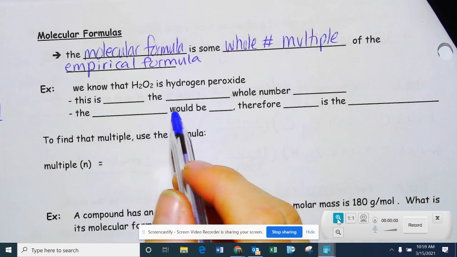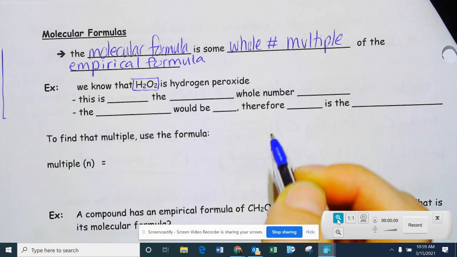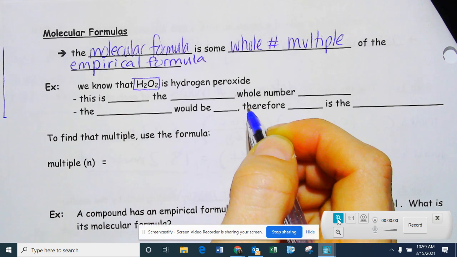So we know, for example, H2O2 is the hydrogen peroxide molecular formula.